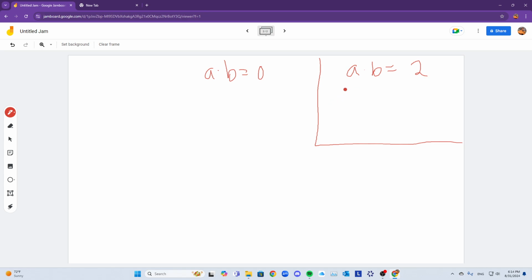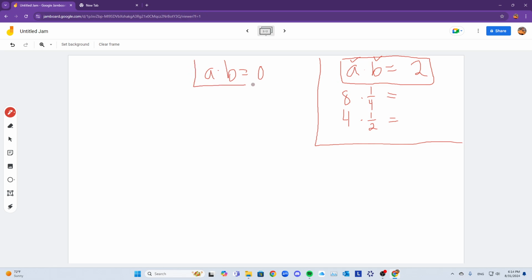For example, a can be 8, and then b can be 1/4. A can be 4, and then b can be 1/2. There are so many ways that you can get there. And because of that, there's no way that this statement right here can help you solve what a or what b is going to be.